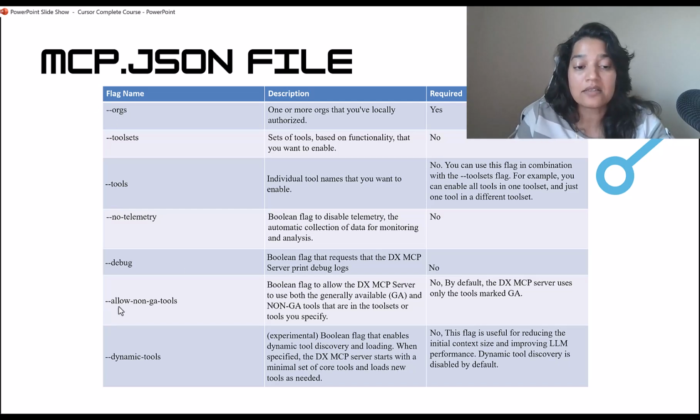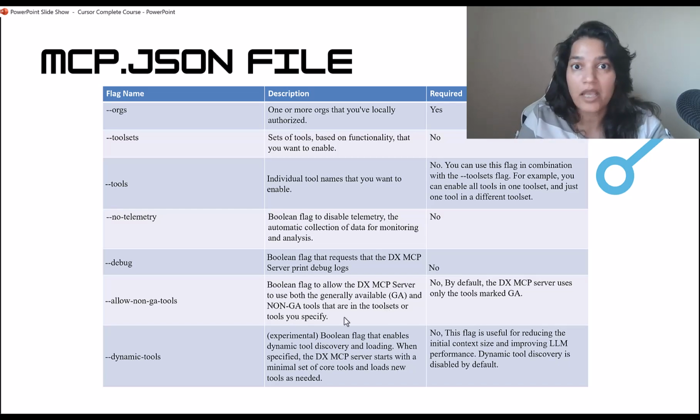Next is allow non-GA tools. Some of the tools are generally available, and some of the tools are in the beta version, which is not available to the public. When you set this flag, allow non-GA tools, which is again a Boolean flag, it allows the DX-MCP server to use both the generally available tools as well as non-generally available tools that are in the tool sets or tools you specify.